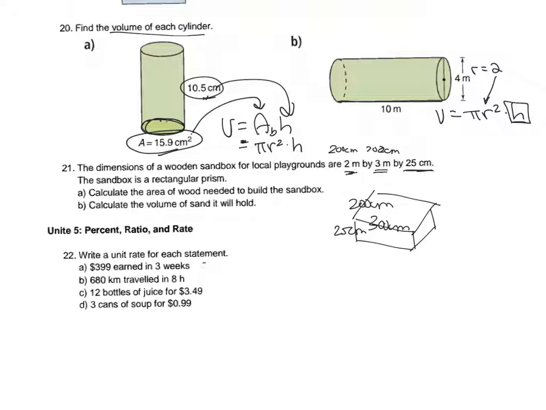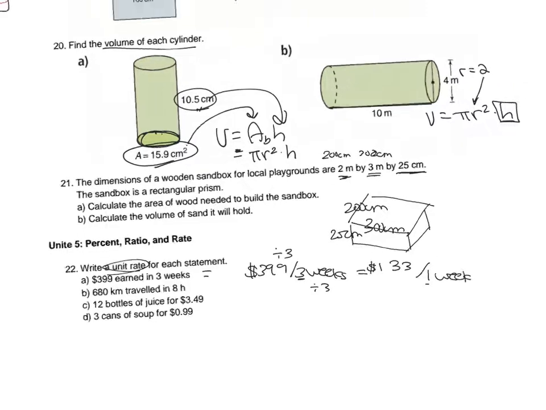So this one is showing you right now it is $399 per 3 weeks. Okay, you're going to simplify it so that this is equal to per 1 week. Okay, in order for the 3 to become 1, you have to divide it by 3. You're going to do the same to the top and divide it by 3. And you're going to get $133 per week. Okay, so find the unit rate for these guys over here.